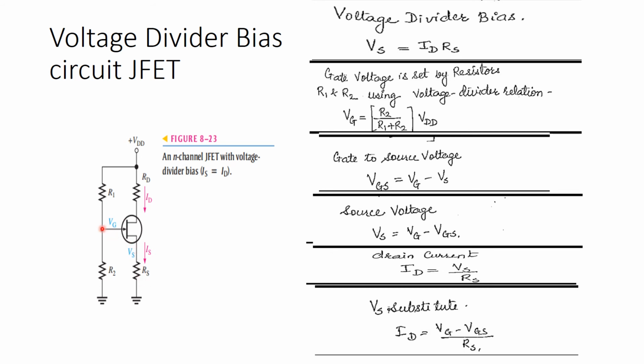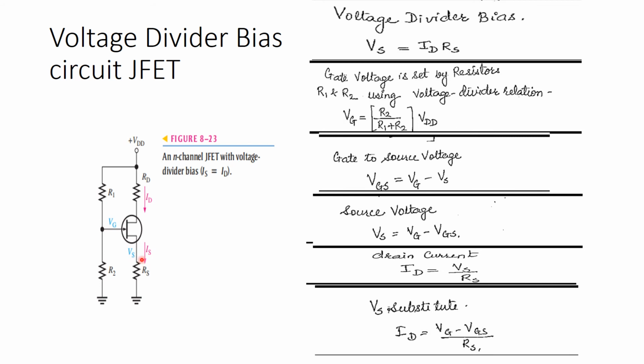For the voltage Vg, apply the voltage divider rule across this network, VDD, R1, R2. So Vg is equal to R2 upon R1 plus R2 into VDD. Gate to source voltage is the difference between the two voltages at the gate terminal and the source terminal.